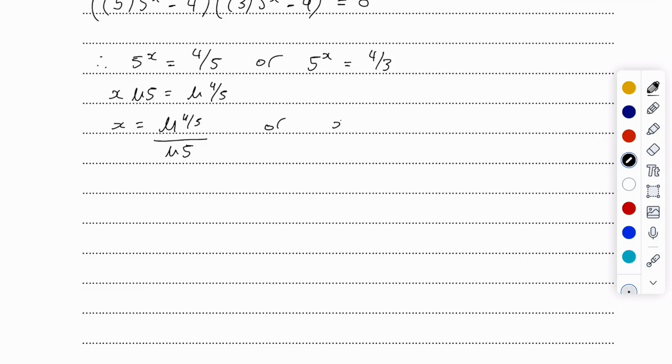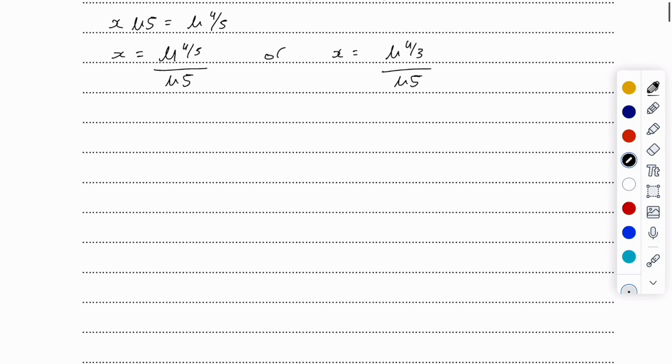Okay, we got that. Or we can say that x can equal ln 4 over 3 over ln 5. So we get two answers here.